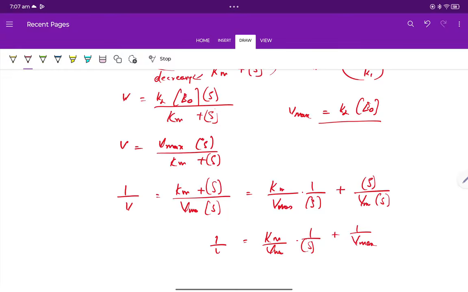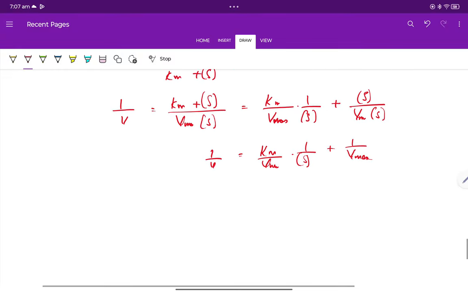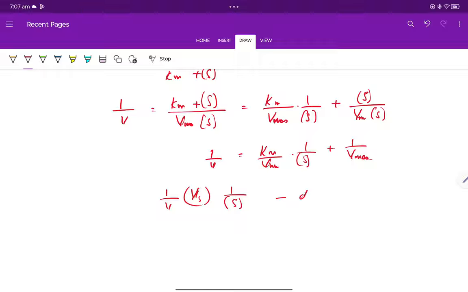Now you see this equation: what we have to do is plot 1 by V versus 1 by S. That is why this is called a double reciprocal plot.